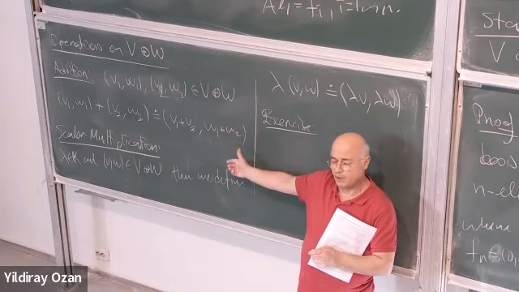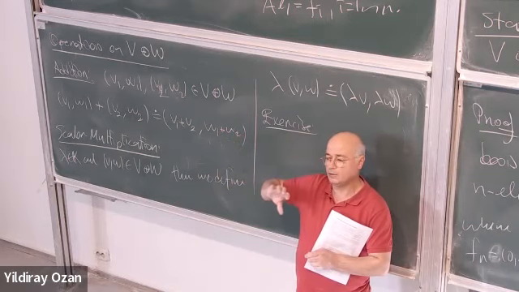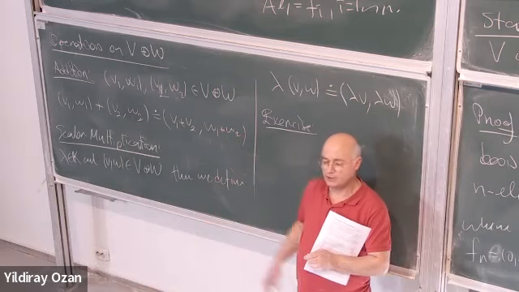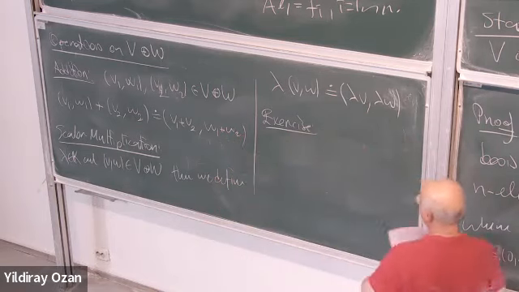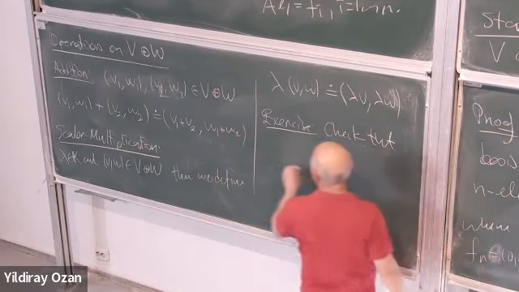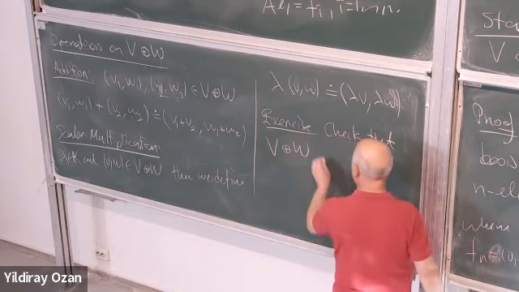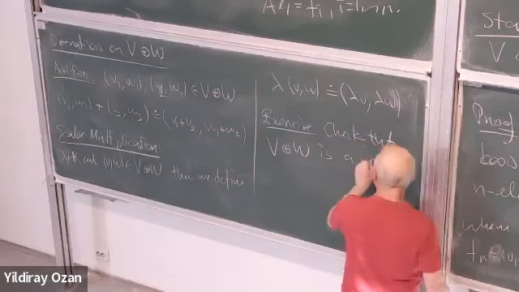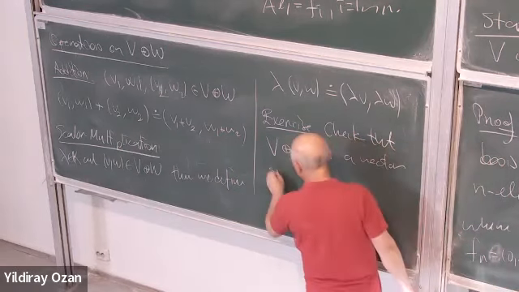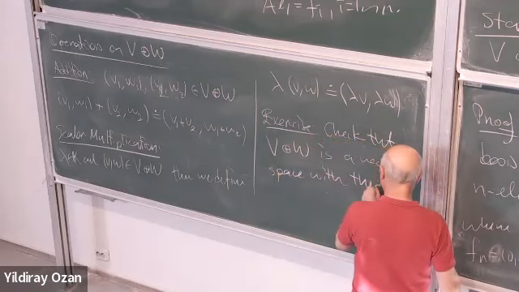We have only defined scalar multiplication, and then there are the distributive laws and multiplication by zero. So check that the direct sum of V and W is a vector space with these operations.